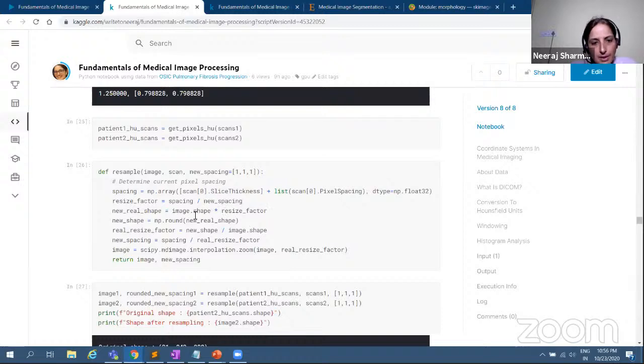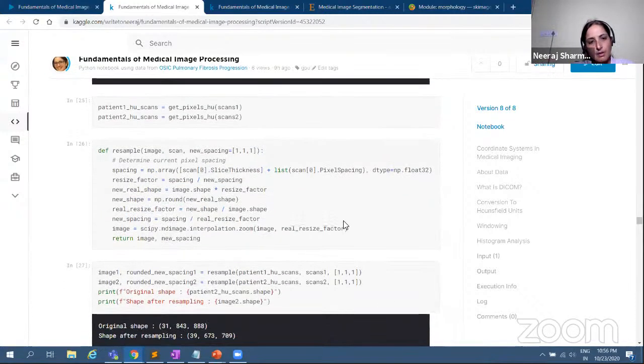When it multiplies with the image shape, which is also 3-dimensional, this is where the new slices get introduced. Because of the resizing, it got introduced.